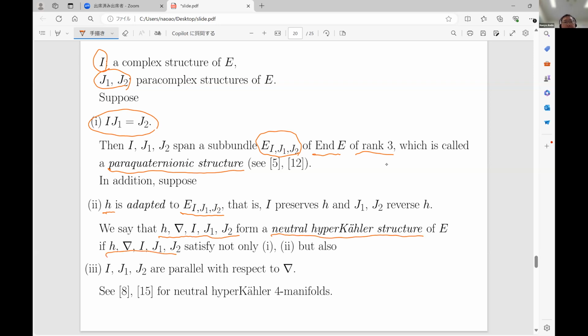If these satisfy not only condition 1 and condition 2, but also the third condition, I, J1, J2 are parallel with respect to nabla.